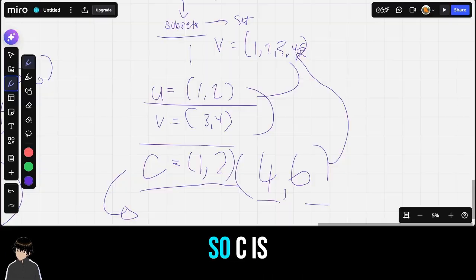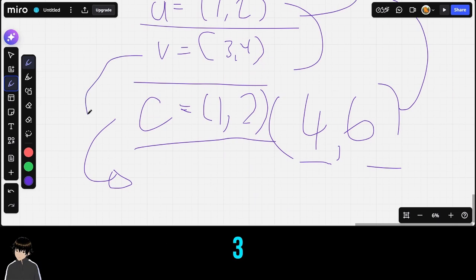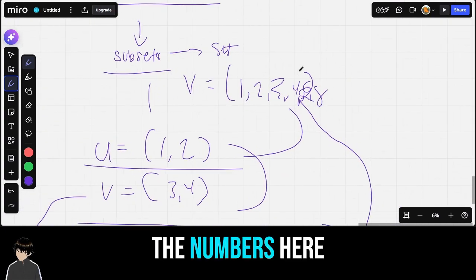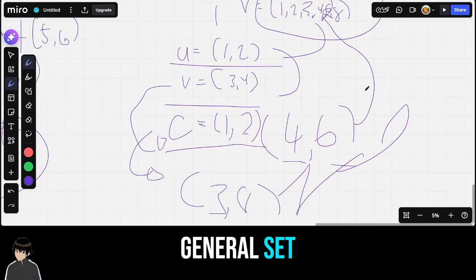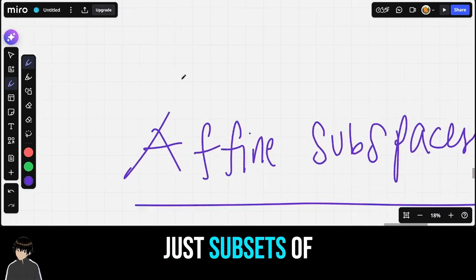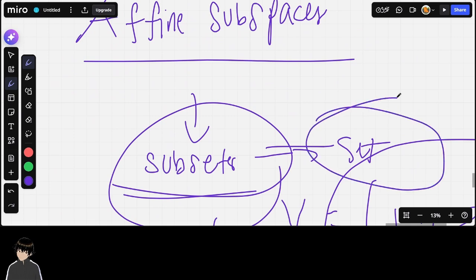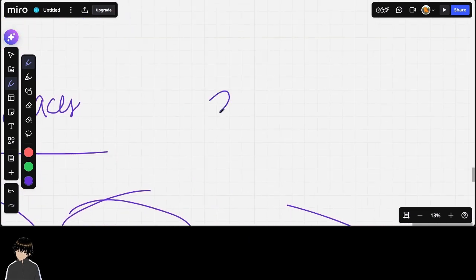So if C is 1 and 2, if you multiply V and C, you should get 3, 4 times 2 is 8. You should get the numbers here as well. They should also be in the general set for them to be a subspace. That's basically what affine subspaces are: subsets of a certain set of points or locations that meet 3 criteria, which are these, okay?